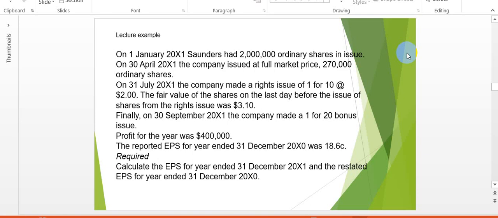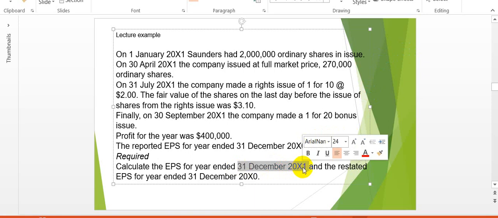On 30 April 20X1, the company issued at full market price 270,000 ordinary shares. Then on 31st July. Now let's take these as they were being issued. You've got your year end as 31st December there in the requirement, X1.